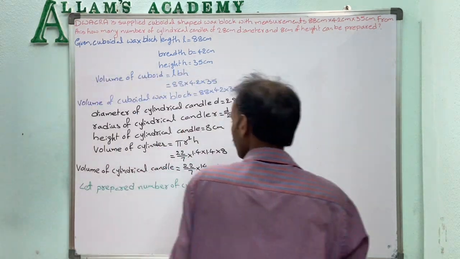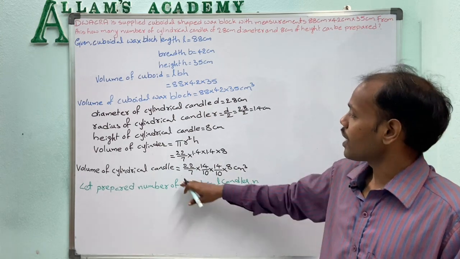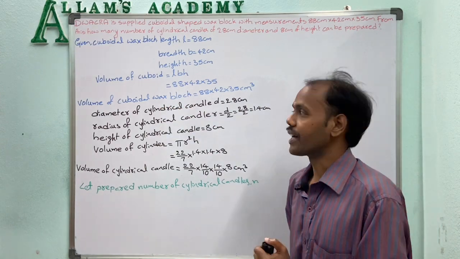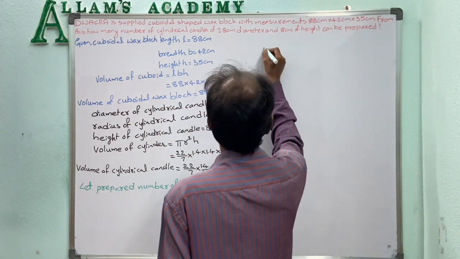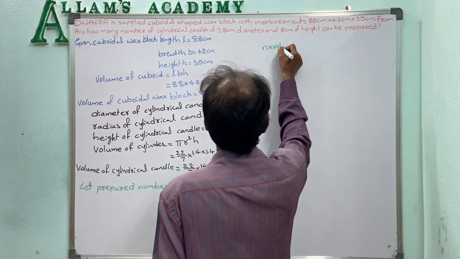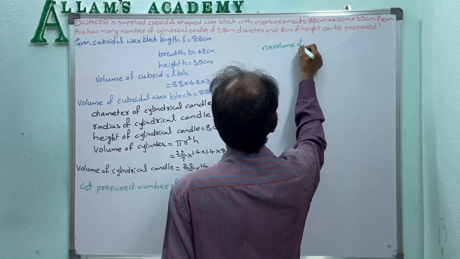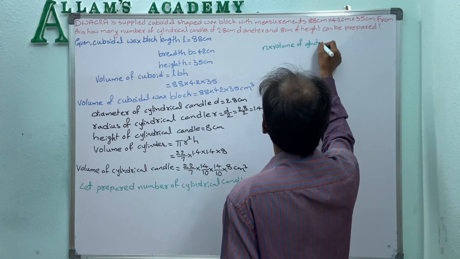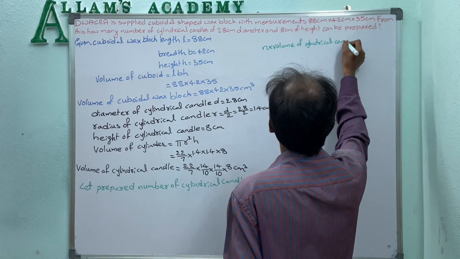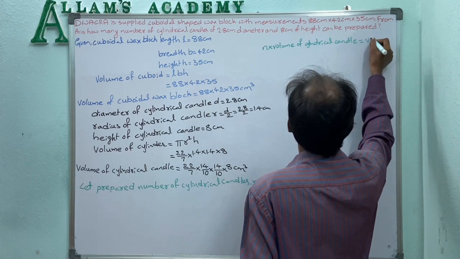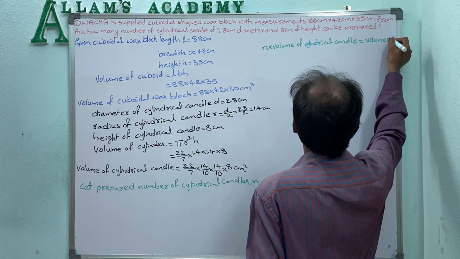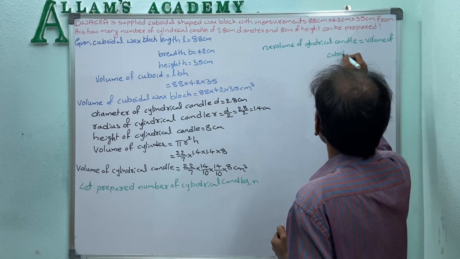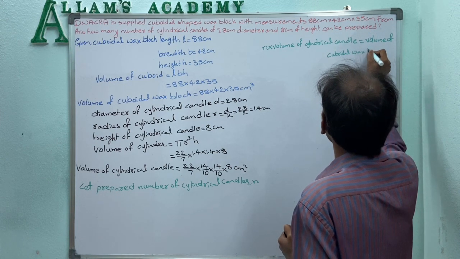Then equalizing, n into volume of cylindrical candle is equal to volume of cuboidal wax block.